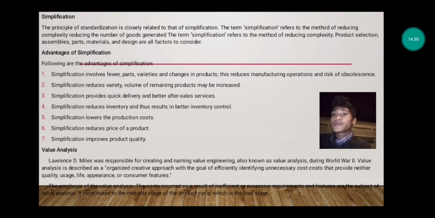Simplification. The principle of standardization is closely related to that of simplification. The term simplification refers to the method of reducing complexity, reducing the number of goods generated.